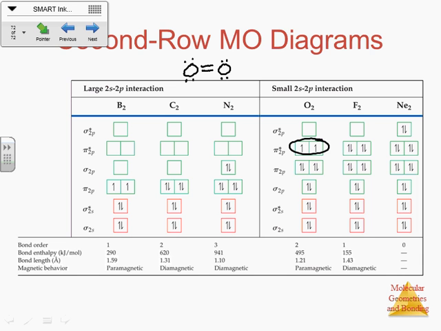Now, what we've talked about with paramagnetic versus diamagnetic so far is individual atoms being paramagnetic or diamagnetic. This is now talking about molecules, okay? So another thing you would probably need to do is look at an orbital diagram for a molecule and predict, is it paramagnetic or diamagnetic? But that's super easy, because all you're looking for is, are there any unpaired electrons in this diagram?